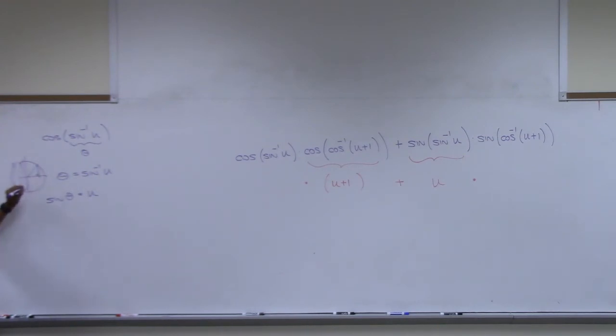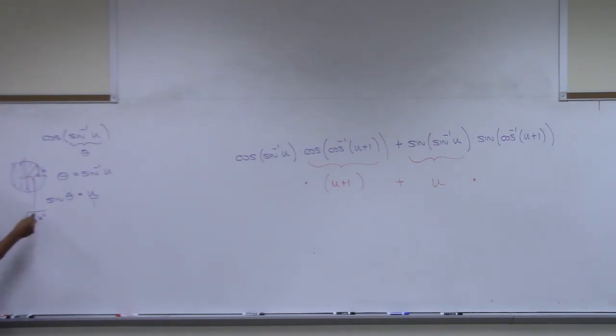it doesn't matter which quadrant you go into, all right? I'm going to use this right here. u is the same as u over 1, so opposite over hypotenuse, u over 1 like that. Then what is this side here? It's the square root of 1 minus u squared. And that's why it doesn't matter if u is positive or negative, because when you square it, it doesn't matter.